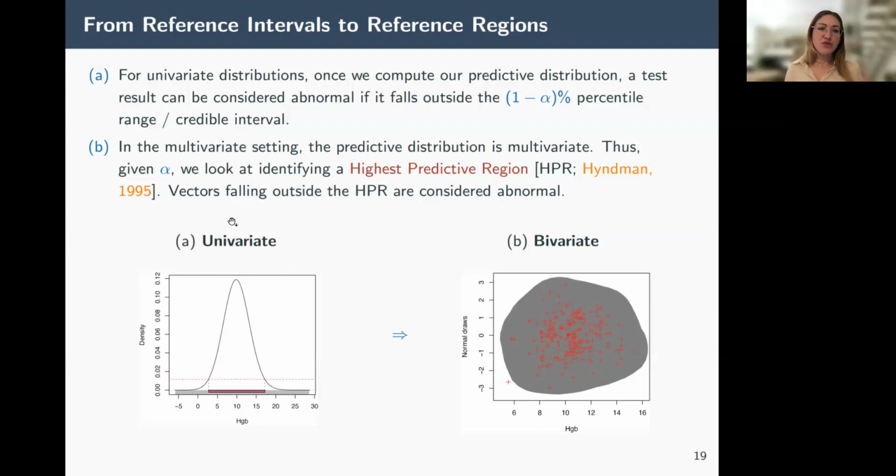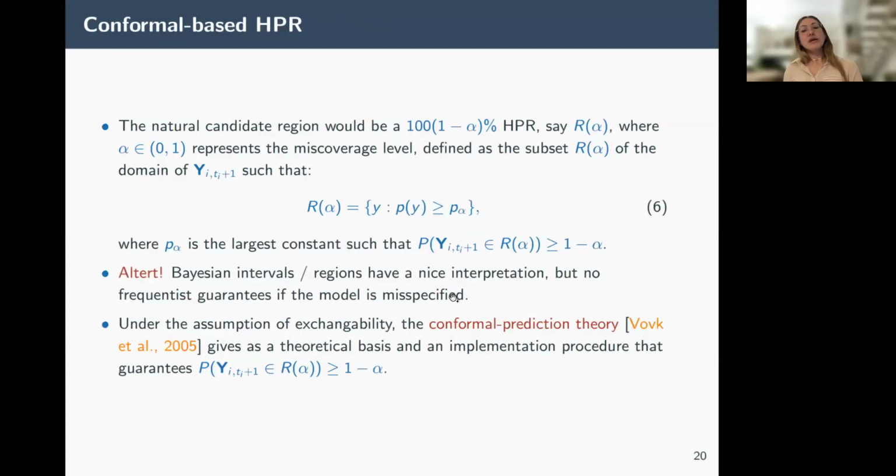So we want to go from the univariate set to the bivariate set, and we want to account for the dependency structure, and we want to guarantee that a specific coverage level is obtained. And how do we do that? Well, the conformal prediction theory actually comes to help for this task.